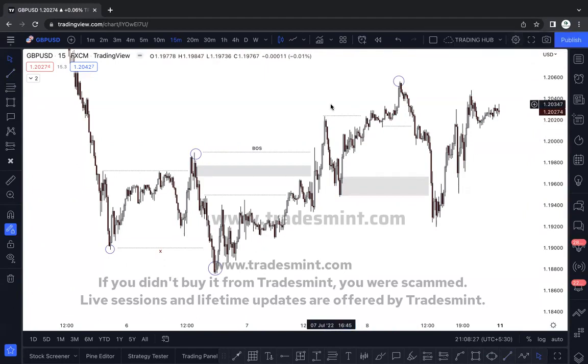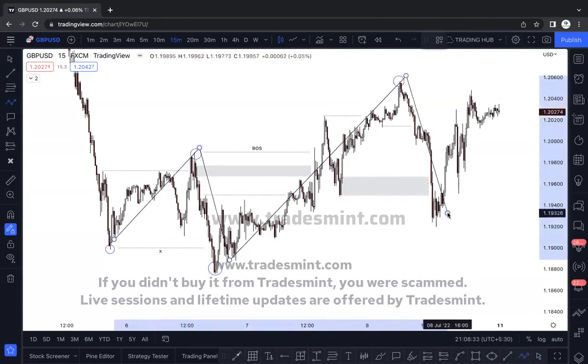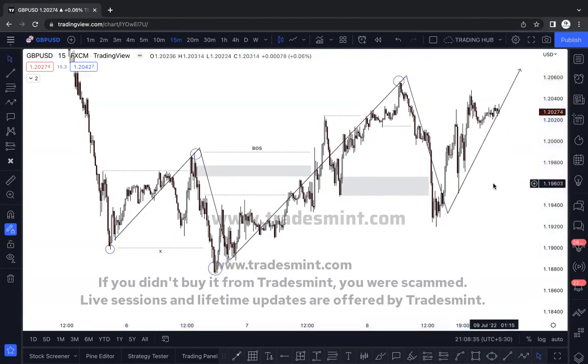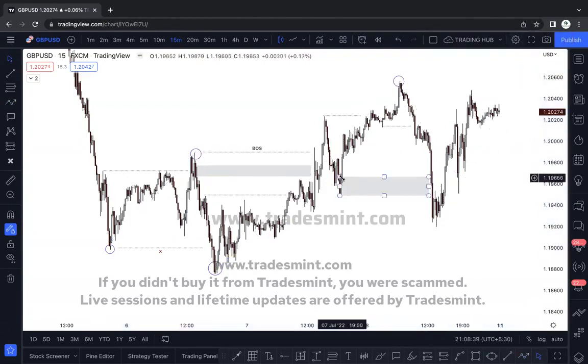As you know, this is a single move. Take the structure like this. Okay, so this demand is not actually demand, and some people mark this as a BOS and people are looking to buy, anticipating it goes higher. Then what happened?